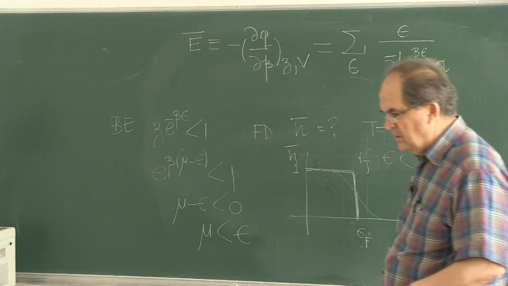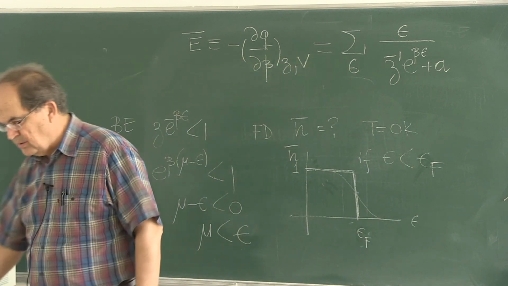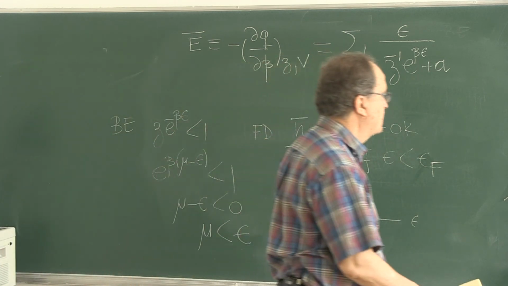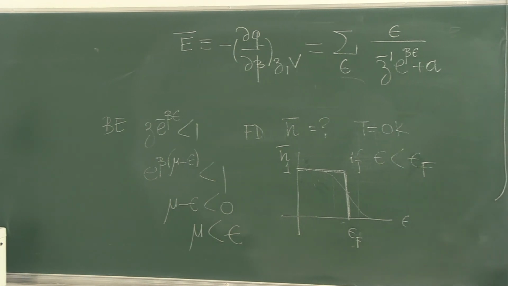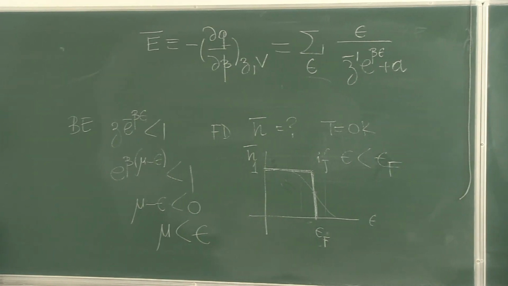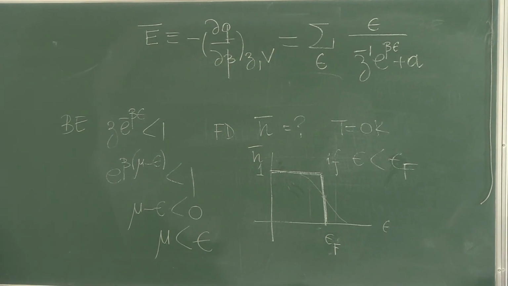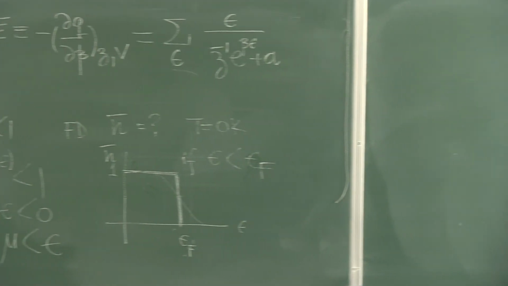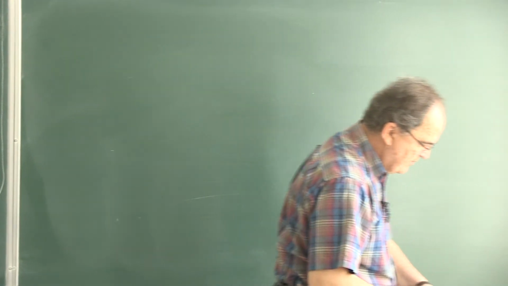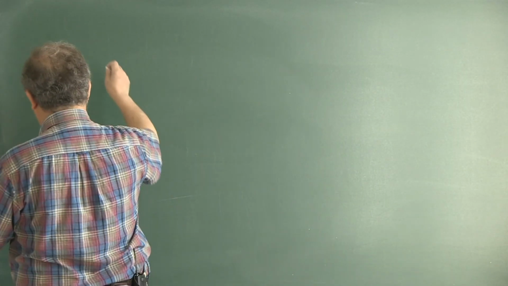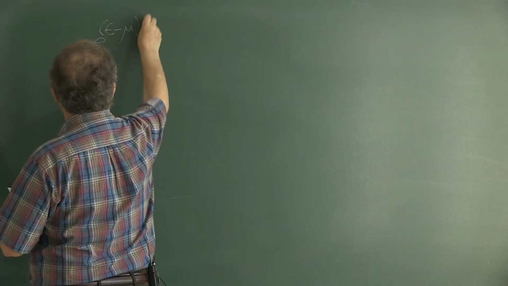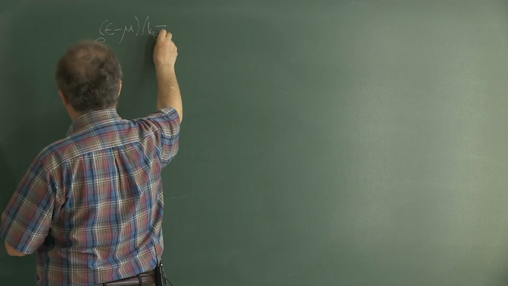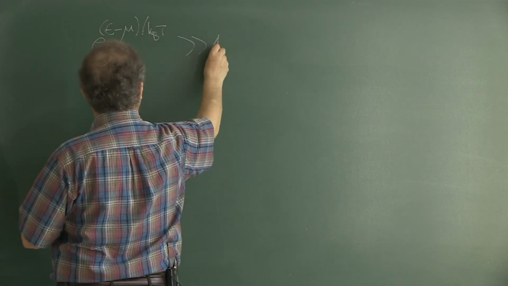Let's remember the case for classical particles, the classical gas. We started to understand what fermions and bosons are doing. Now the classical Maxwell-Boltzmann case, that's extremely important. For all values of energy, beta times that must be very much greater than 1.